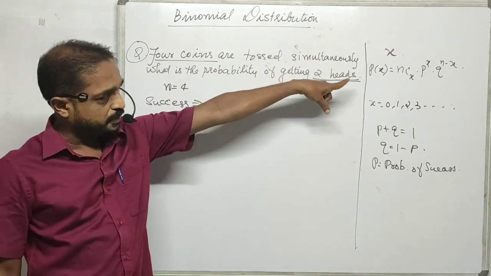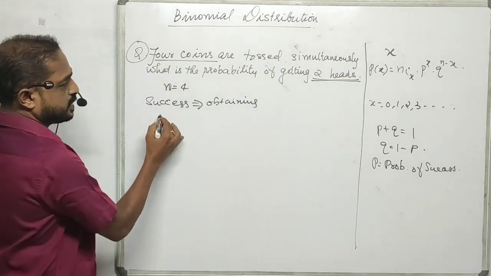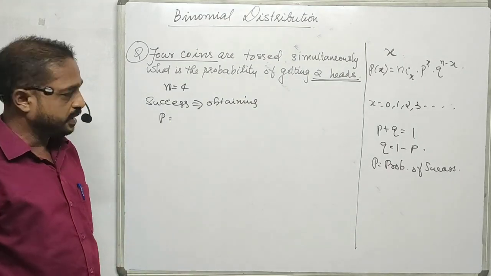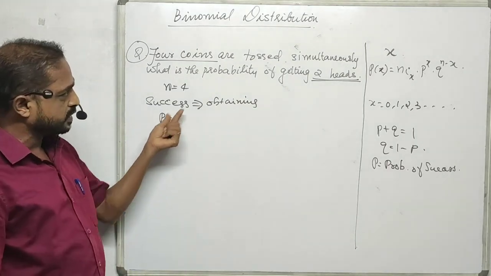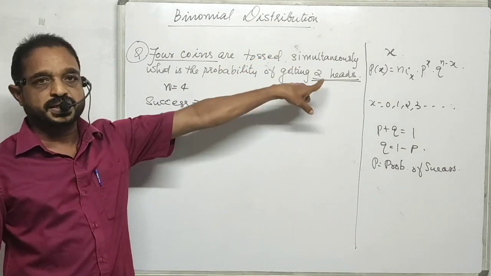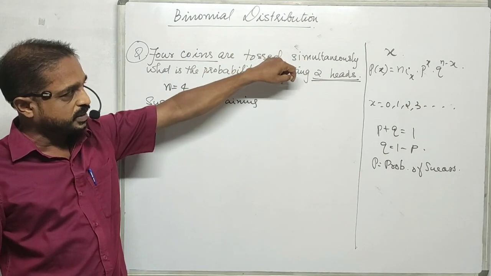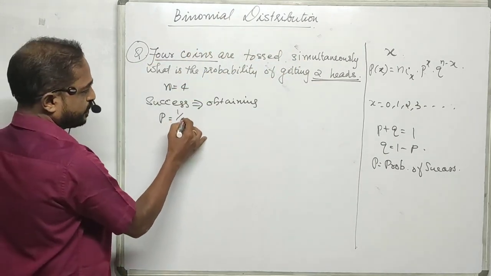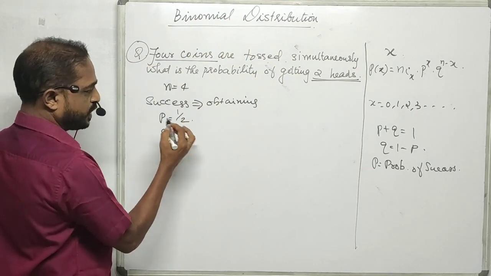And what is P? P is the probability of success in a single trial. Here success means obtaining head. So what is the probability of getting head when a coin is tossed? It is 1 by 2. And how will you calculate Q?